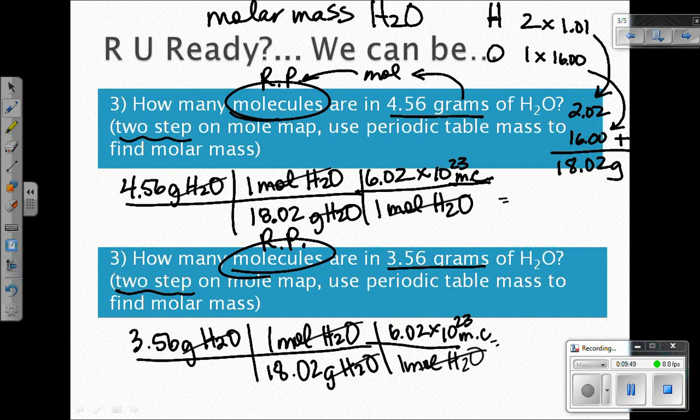And then we're going to hit the equals button. Now this one's only supposed to have 3 significant digits. So since it's only supposed to have 3 significant digits, it will end up as 1.52 times 10 to the 23rd. And that will be molecules of H2O.